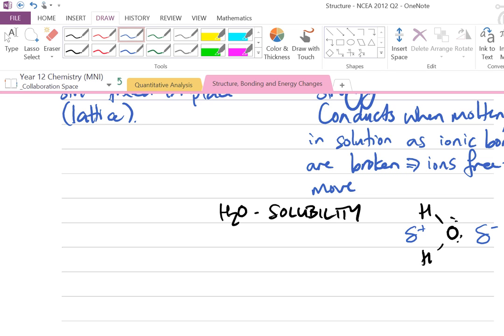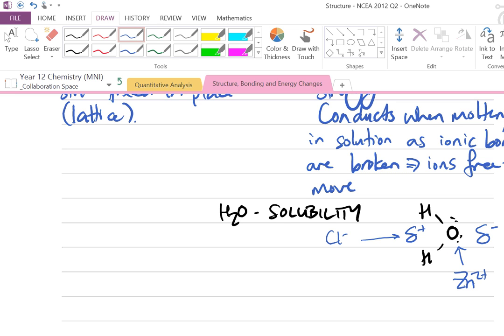Now, the reason that zinc chloride is soluble is that the zinc ions are attracted to the negative side of it, and the chloride, let's be specific here, chloride ions are attracted to the positive side. So, this attraction allows the ions to be removed into solution.